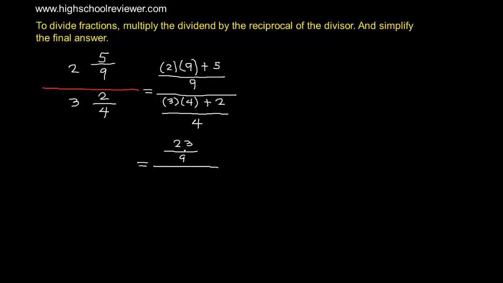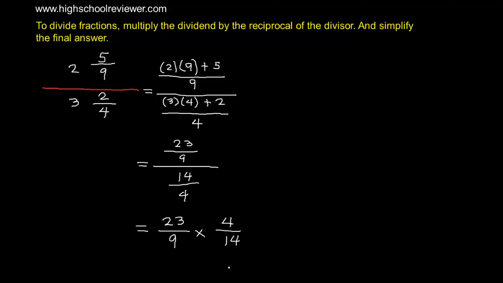And this will be divided by 3 multiplied by 4 is 12, plus 2, that is 14 all over 4. And for the rule in dividing fractions, we are going to multiply the dividend, which is 23 all over 9, by the reciprocal of our divisor. The reciprocal now would be 4 all over 14.